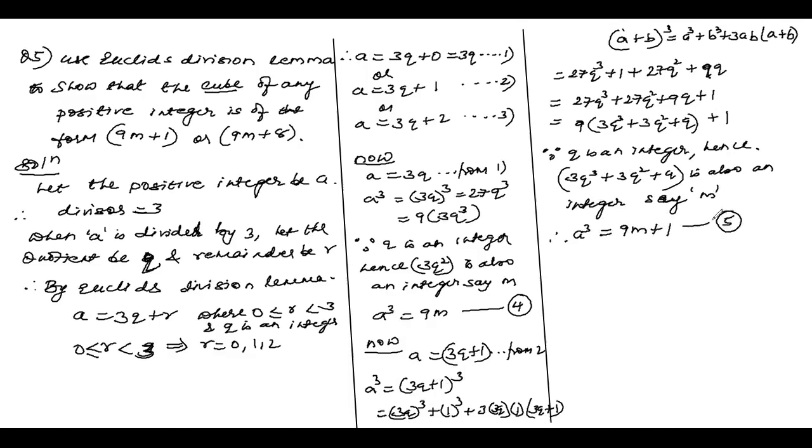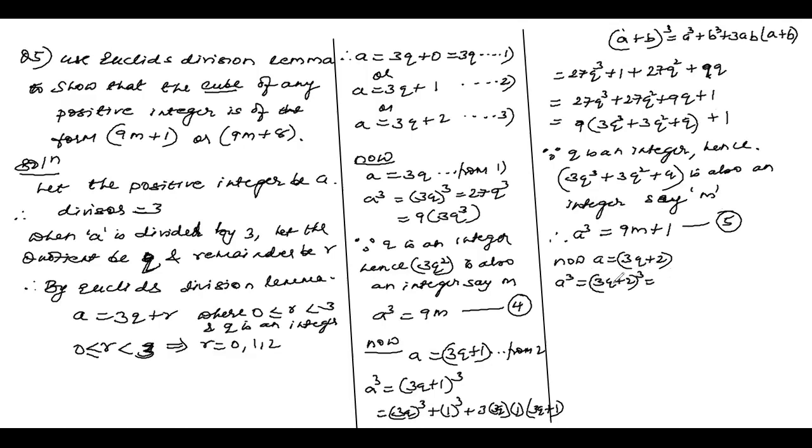Got it? In the same way, children, now I'm going to take a equal to 3q plus 2. And here, a little common sense I may have to use. See here, taking cube on both sides: a cube equals (3q plus 2) the whole cube.